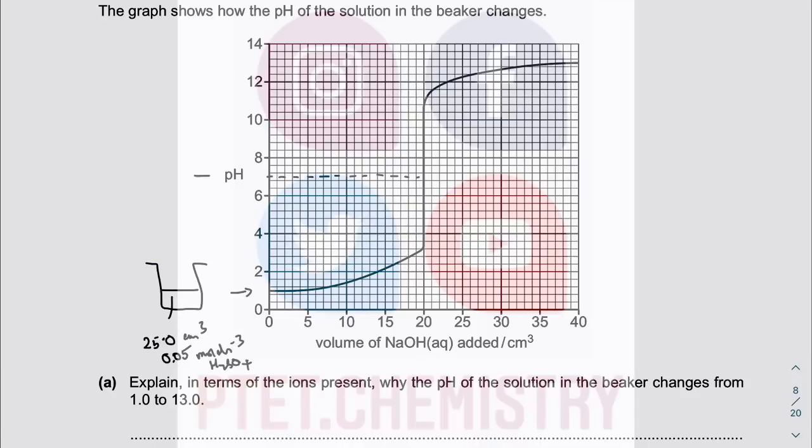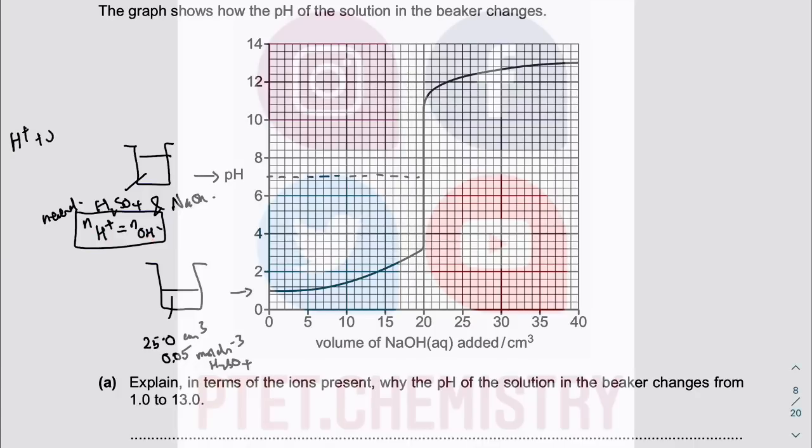At this point, pH 7. Okay, so that is the point where you actually have H2SO4 and NaOH, but the mole of H plus equals the mole of OH minus, neutral. I'm not talking about the mole of H2SO4 and mole of NaOH, I'm talking about the mole of H plus and OH minus. This is your ionic equation, obviously.